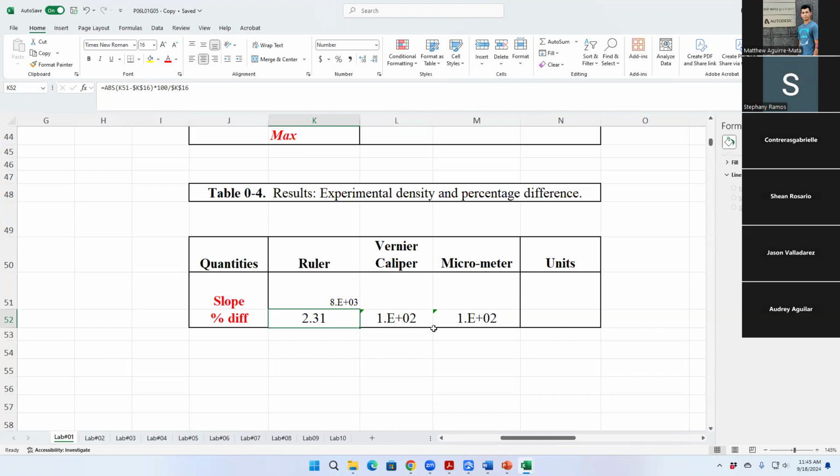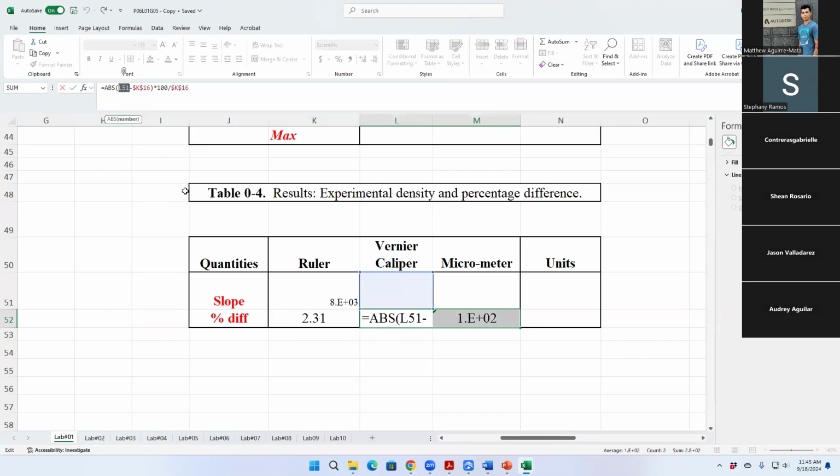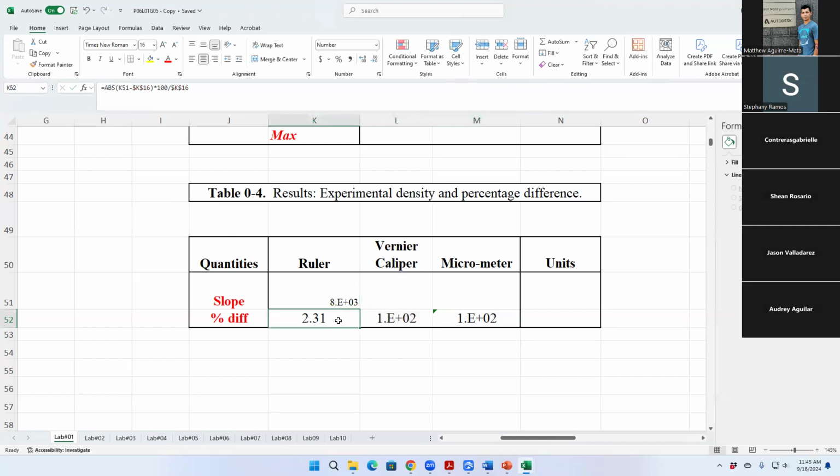I think that's because I have like L49 times 100, L51. Okay. Wait a minute, I'm sorry. It's L50 actually. Let's see. No, it's K50. Sorry, here. K51, $K$16, right? Okay. Is this the column here?